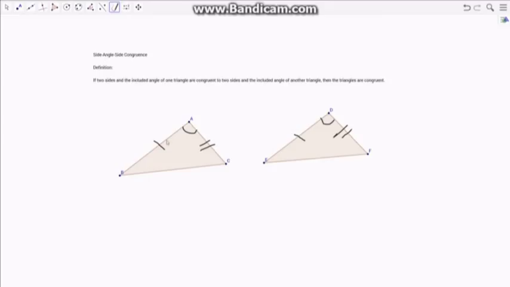You can do it on the other sides too, like side BC and side EF, side AB and side DE, and at the same time angle B and angle E.